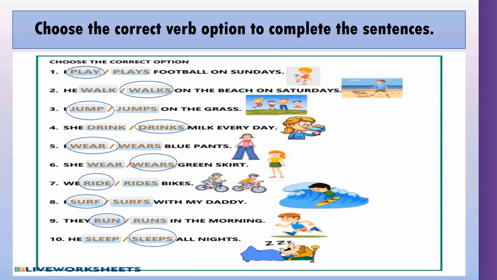You can visit to do some more exercises on present simple. Here we've got some positive sentences, thinking about the subject and the verb. Which verb do we need to choose to make the correct sentence? Let's move on now.